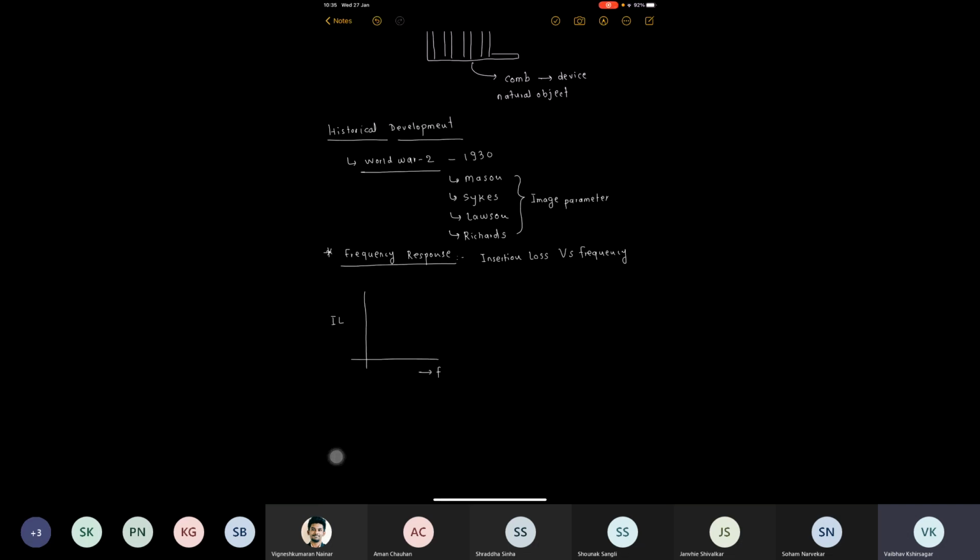Based on the insertion loss frequency response characteristics of the filter, there could be four different situations, and these four categories will classify the filter itself. The first is the low pass response.